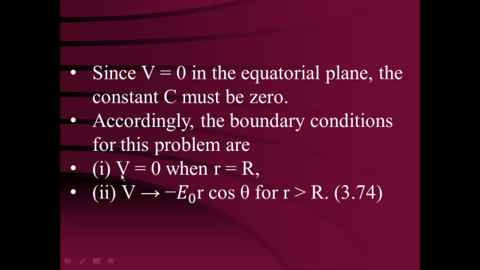What are the boundary conditions? On the surface of the sphere, the potential is specified, and that potential is going to be 0.